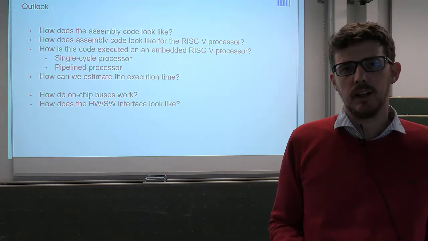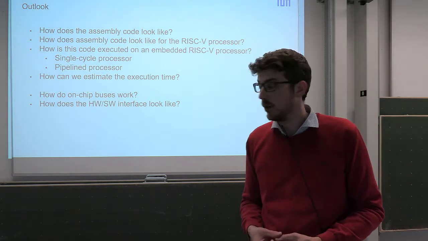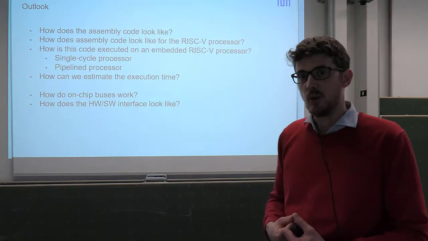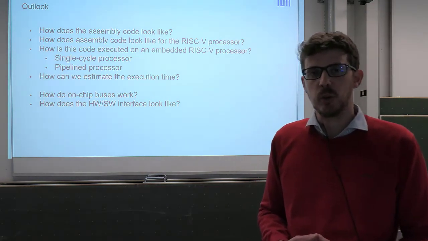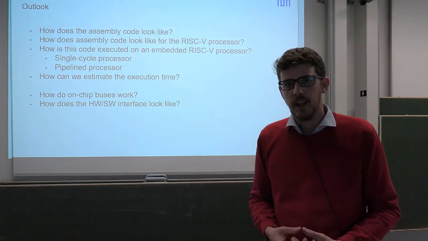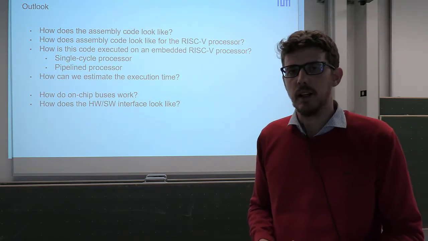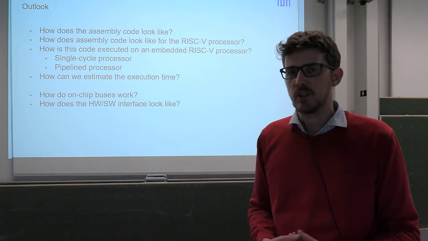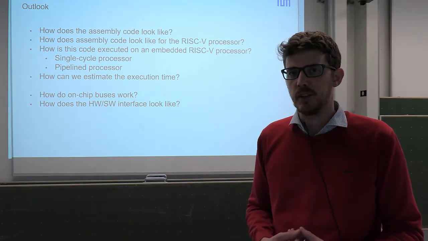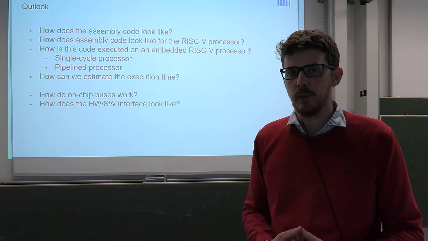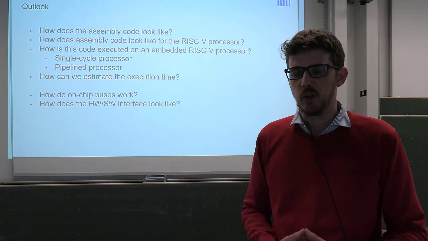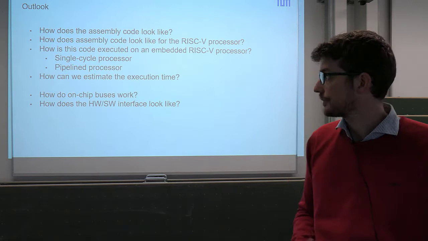And we will look into some special assembly code, the so-called RISC-V processor. The RISC-V processor is a very interesting so-called instruction set architecture because it's open and it's also now becoming really a hot topic in the embedded domain, but also in other domains.